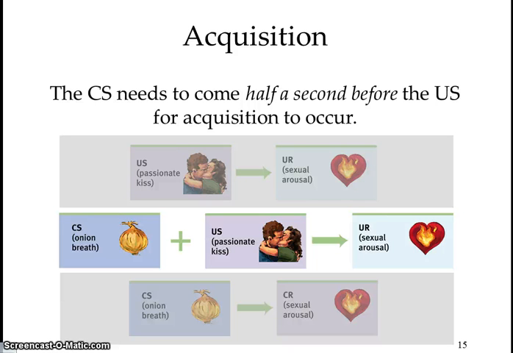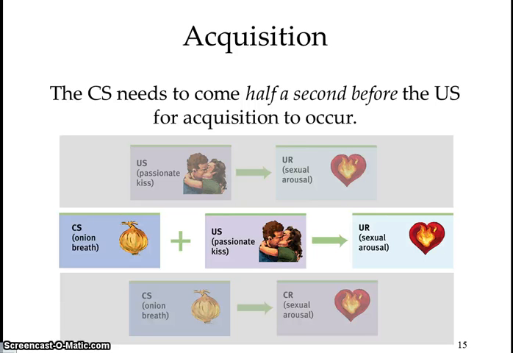Everybody knows onion breath is repulsive. People hate it, but now I'm putting it in with an unconditioned stimulus like a passionate kiss, and I get this unconditioned response called sexual arousal.